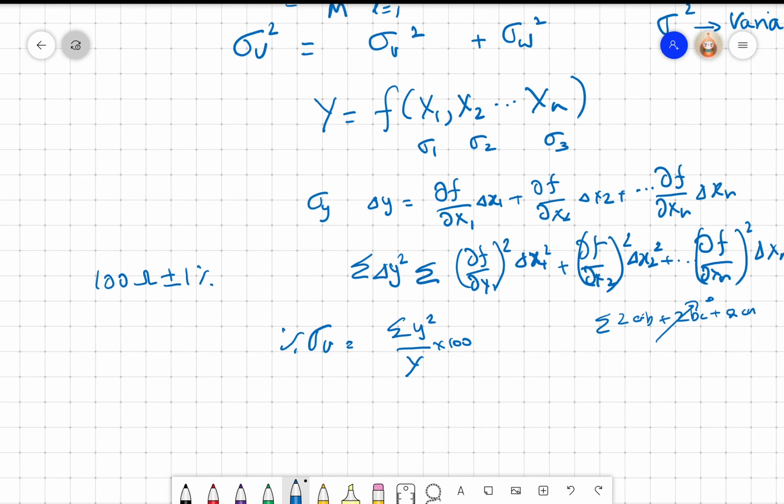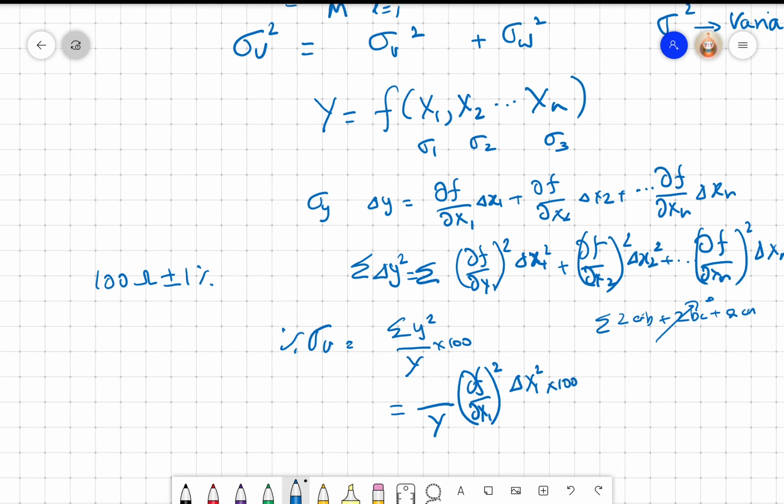So I now go here, I have to put equal to, okay? Go on the right hand side. I have divided the left hand side by y, multiplied by 100. So I have to do that on all the other quantities. So I divide by y, and I have dou f by dou x1 whole square into delta x1 square into 100.